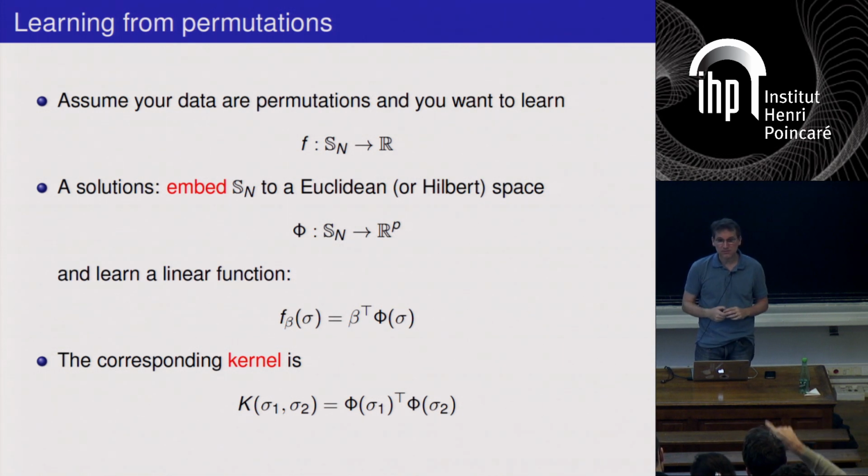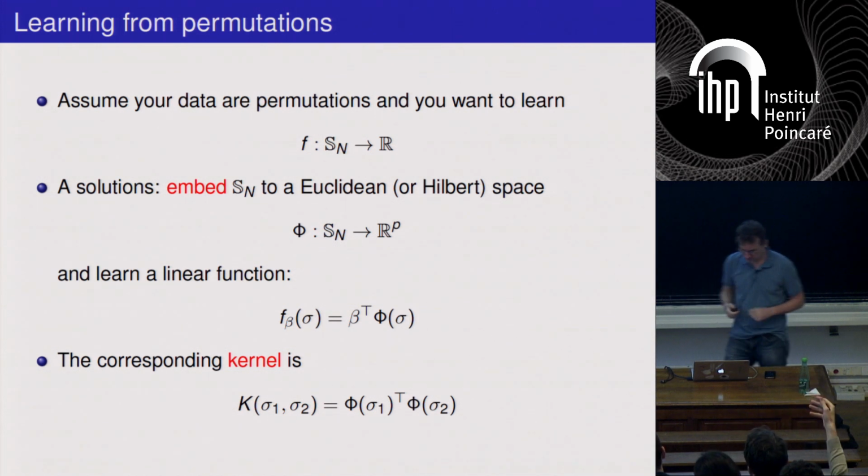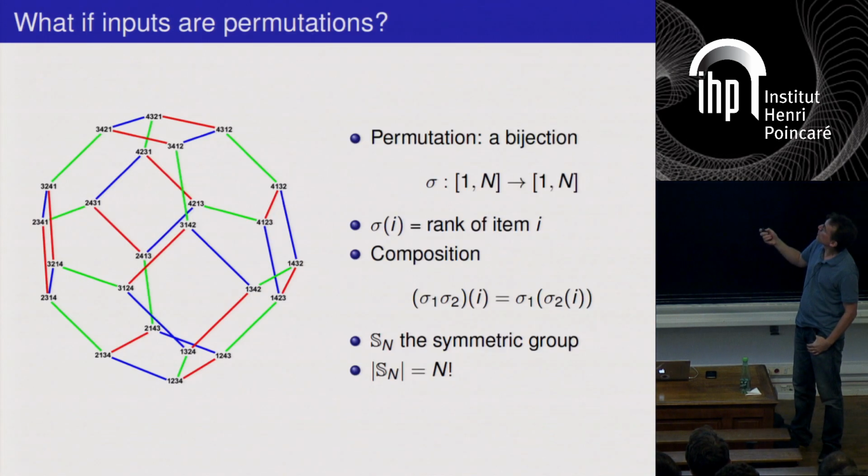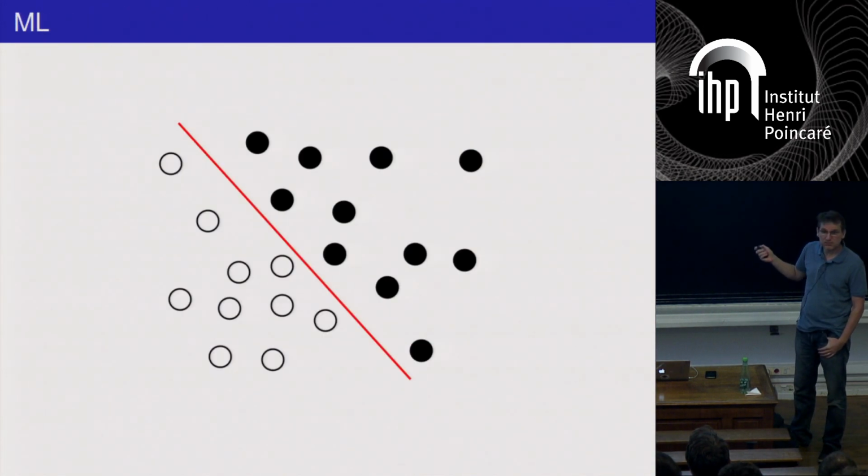Question? Can you explain again why we map R with F? What kind of things are we trying to predict? So the first one is just to mean that suppose we want to do that. Okay. Here I draw a line, but in fact the line represents a linear function that in this case would be thresholded to define two classes.